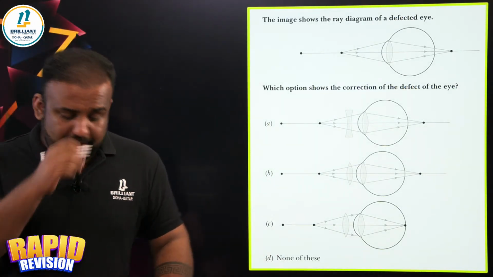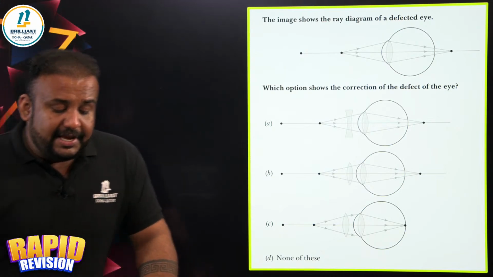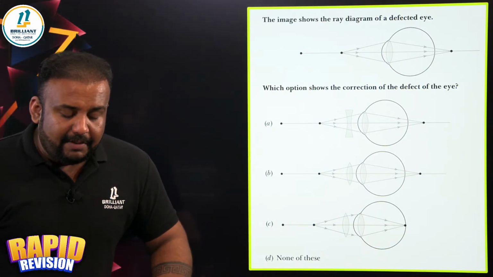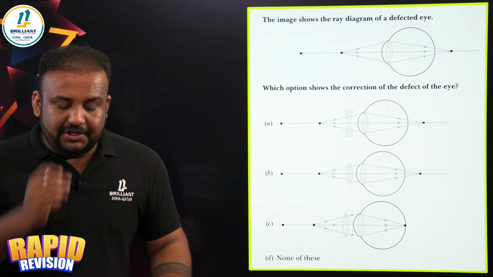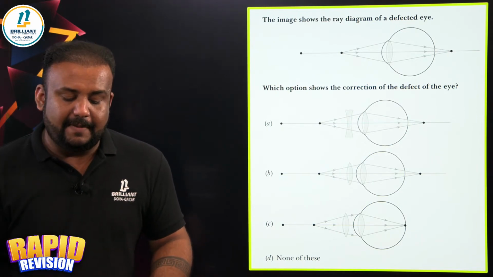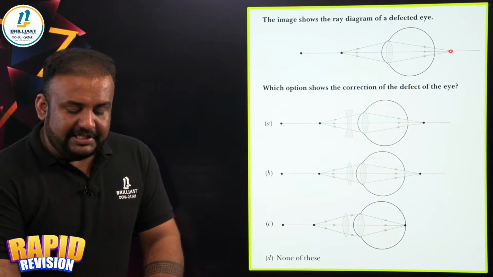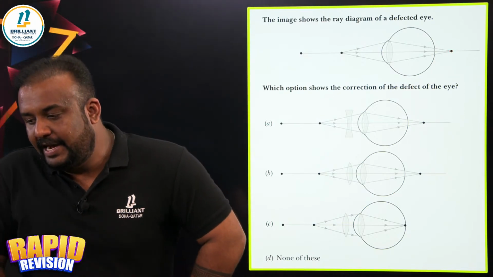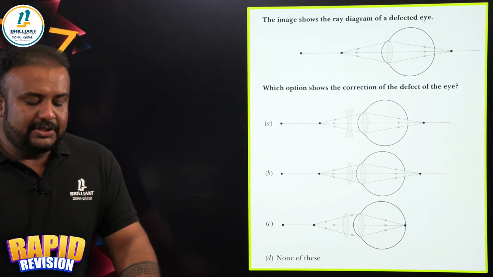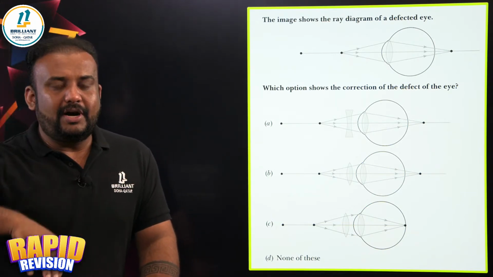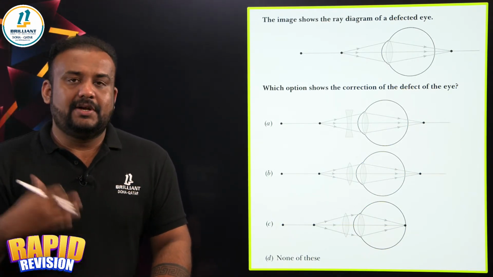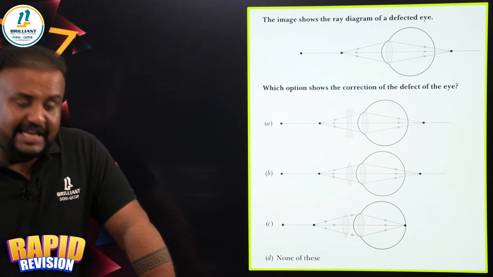Okay, we have only 2-3 questions remaining. The image shows the ray diagram of a defective eye. Which option shows the correction of the defect of the eye? You can see that in this defect, the image is formed behind the retina, right? So the problem is the lens is not able to converge it on the retina. So here there is less convergence.